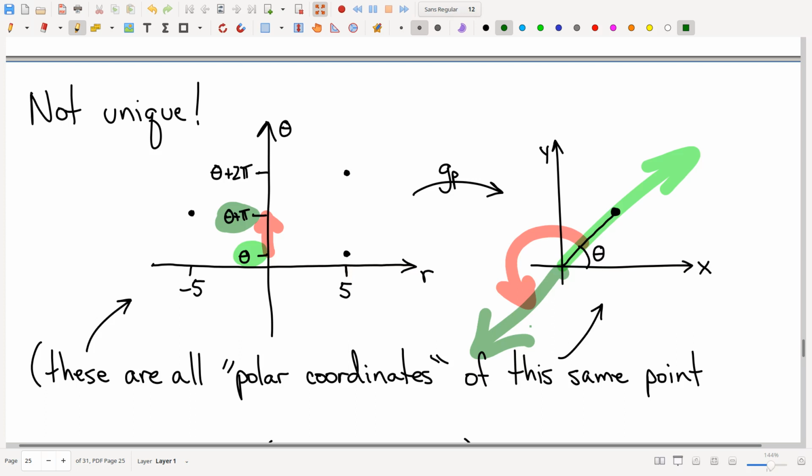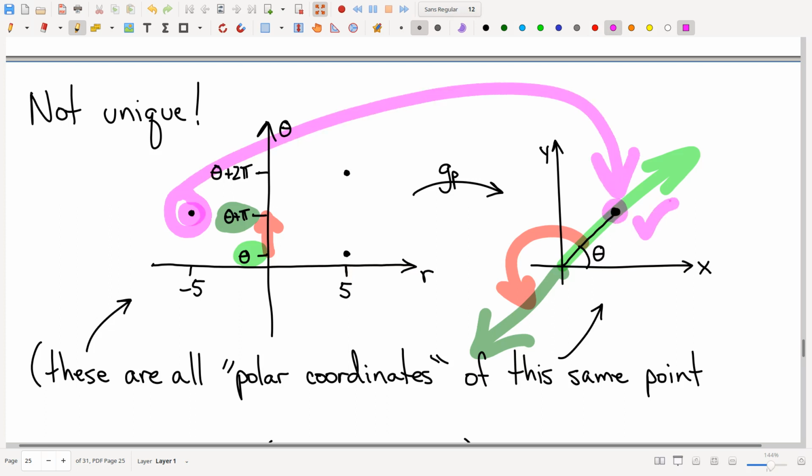So how far do I go in that direction? Just go minus in that direction, right? And that will again get you to that same point. So here is yet another set of polar coordinates that gets you to that same point. Okay, so in some sense there's two separate infinite collections of polar coordinates for any point in the xy plane. That's annoying.